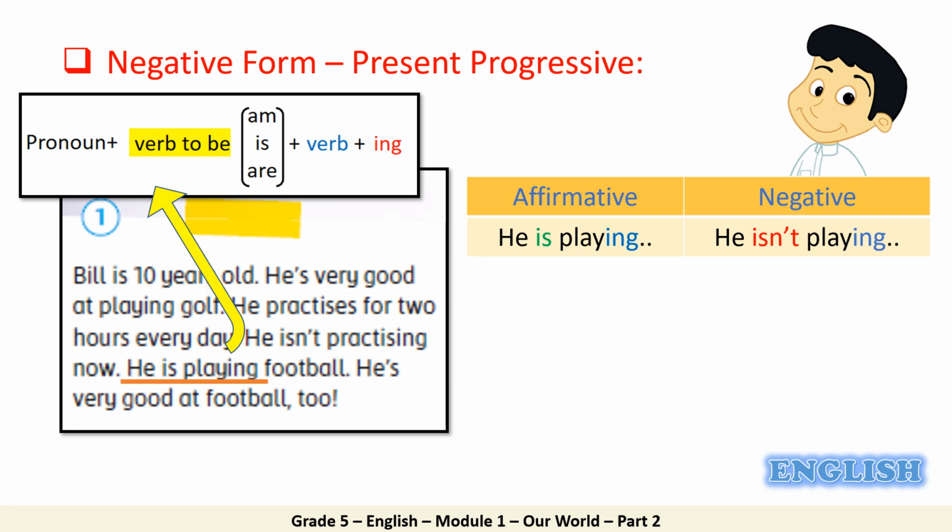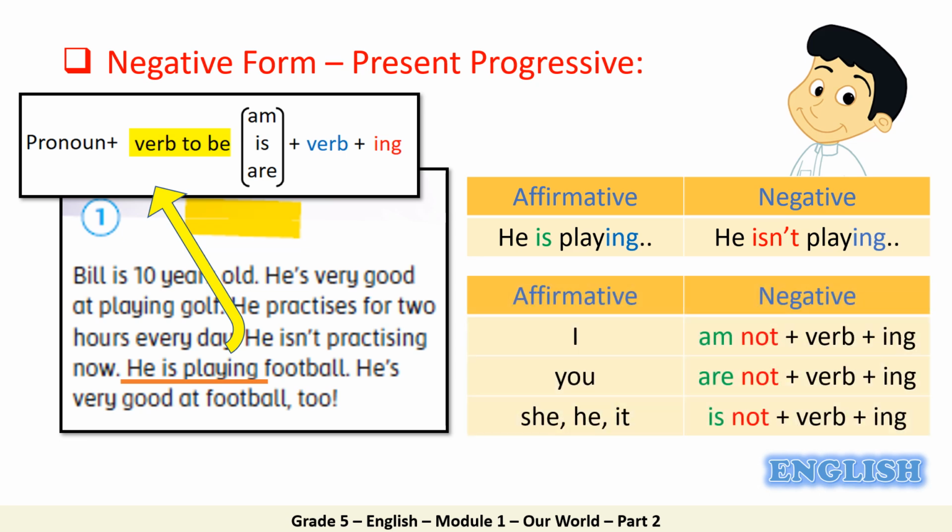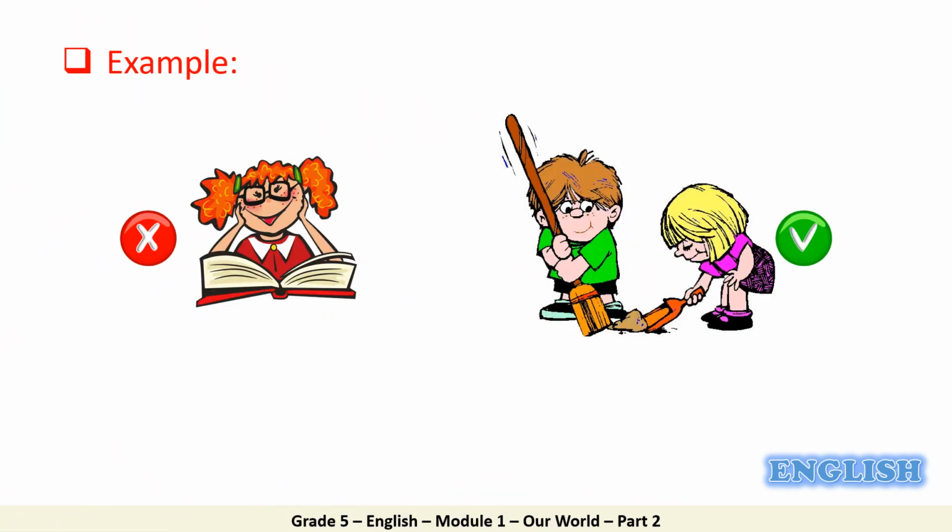Now, take a look at the table below to recall what we use with each pronoun. For example, take a look at these pictures and describe them using affirmative and negative form. Picture number 1. Is it going to be in the affirmative or the negative form? Yes, negative.